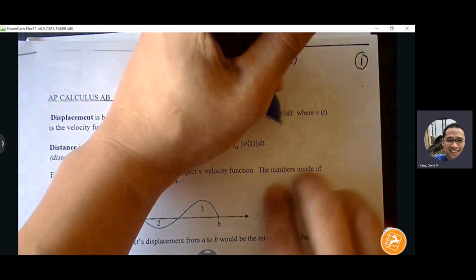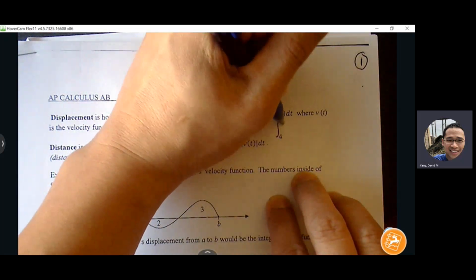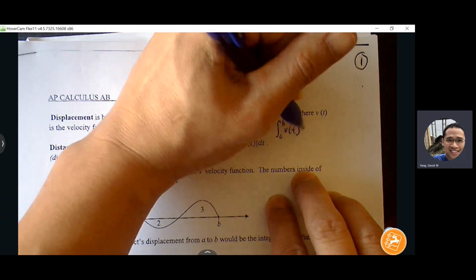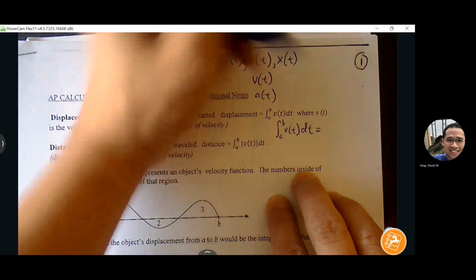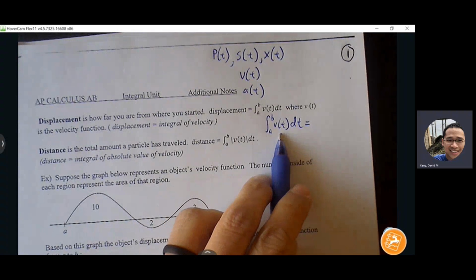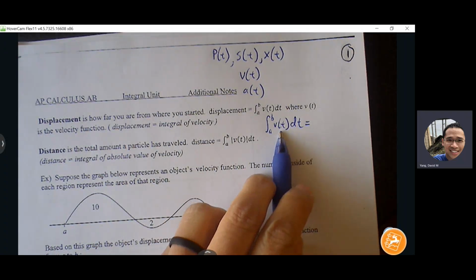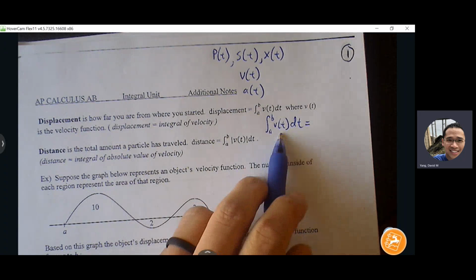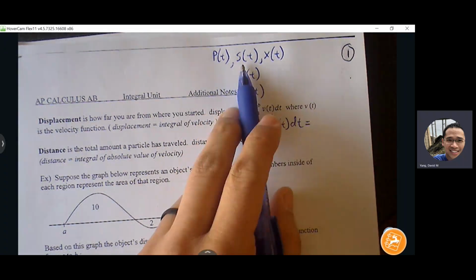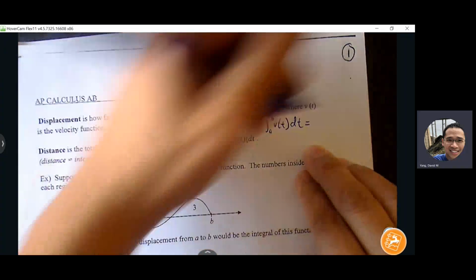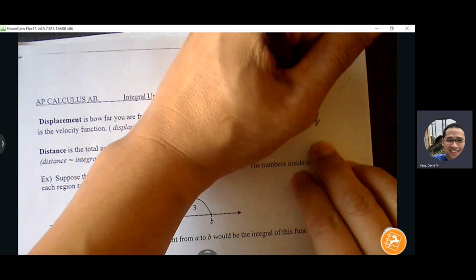So if I were to work this out, the integral from A to B of V of t, we know velocity is going to rise up to the position level. So we can either think of that as P of t, S of t, or X of t. So let me just use X of t, for instance.